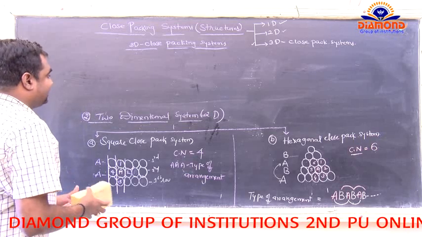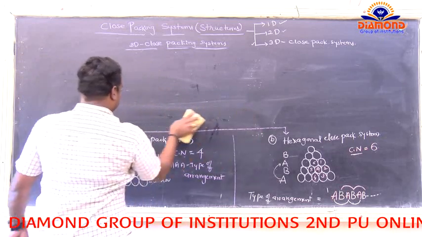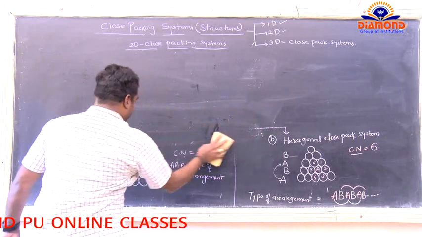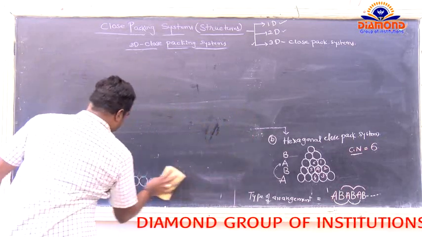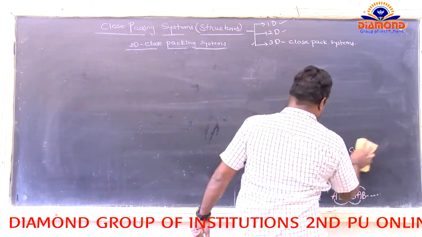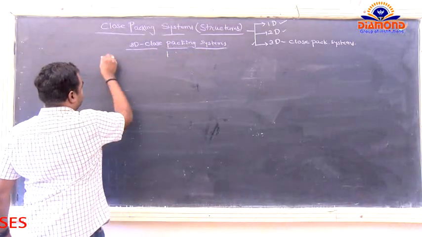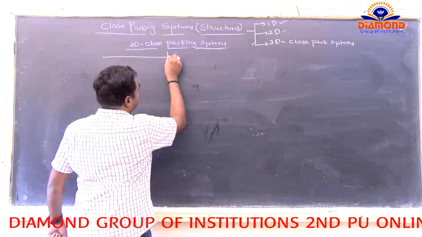Next we go for the three-dimensional close stacking systems. Close stack systems are again classified into two types.